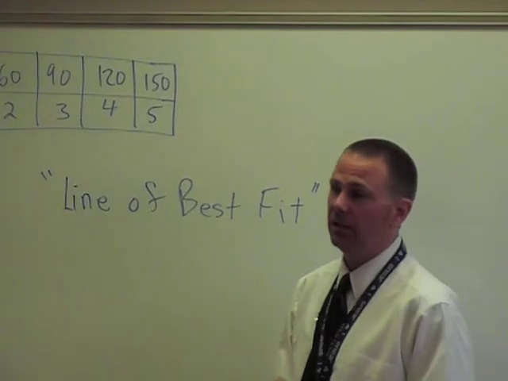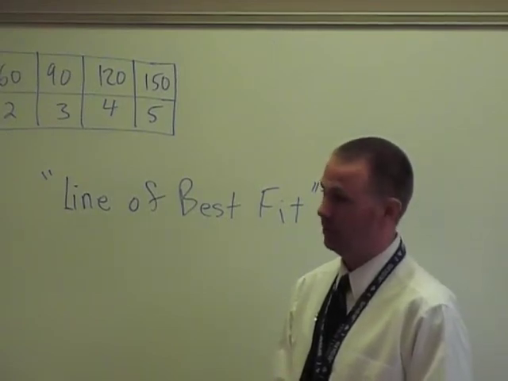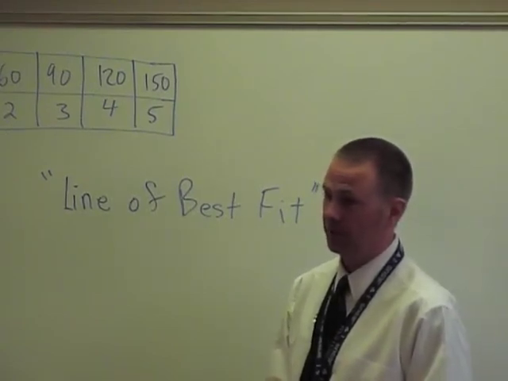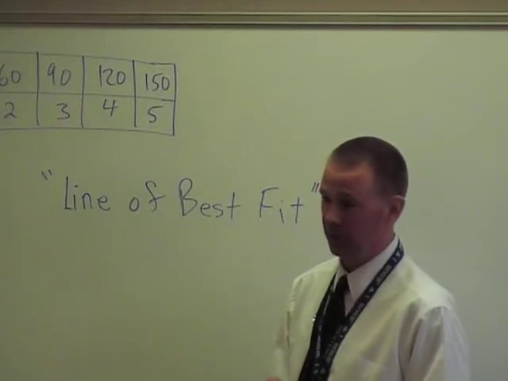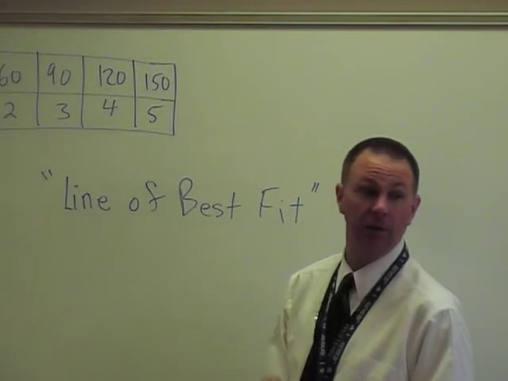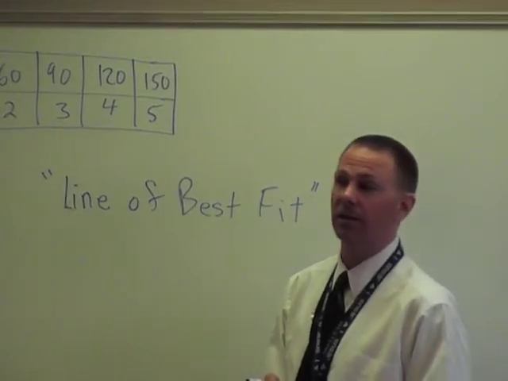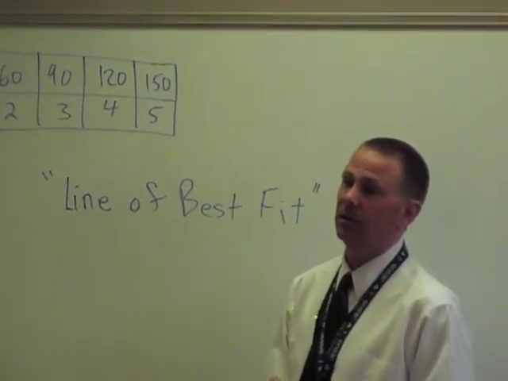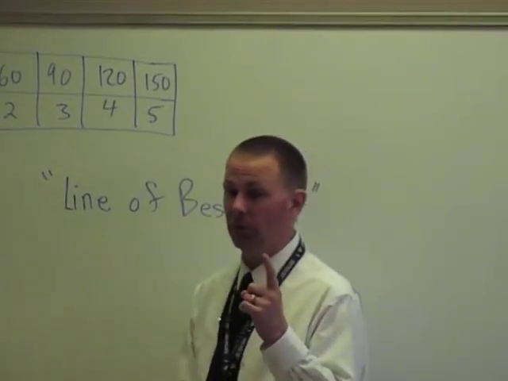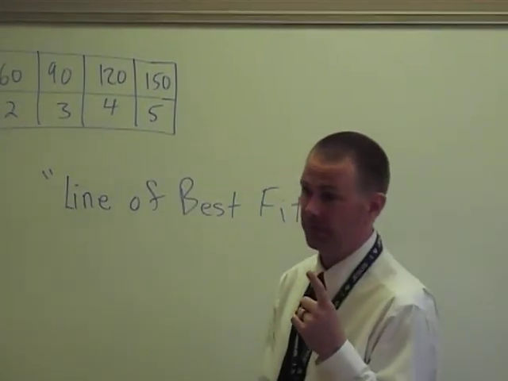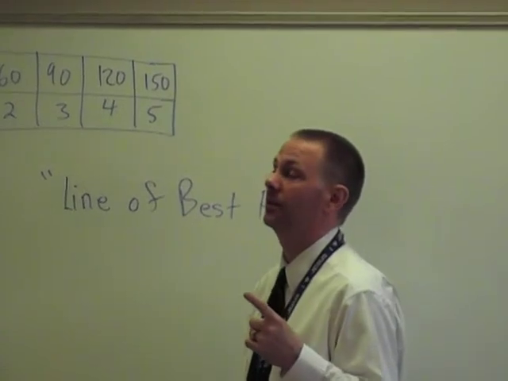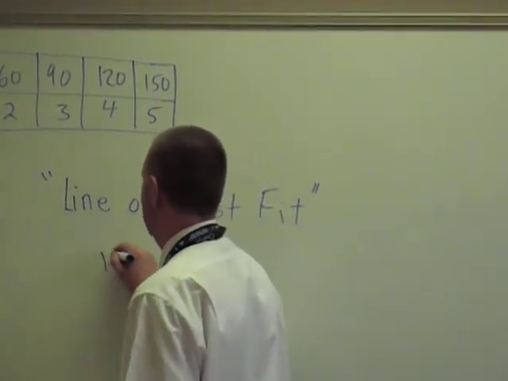What do you need for an equation of a line that you learned from last chapter? 2 points. What does that give you? Yes. You need slope. That's one thing you need. What else do you need? The y-intercept.